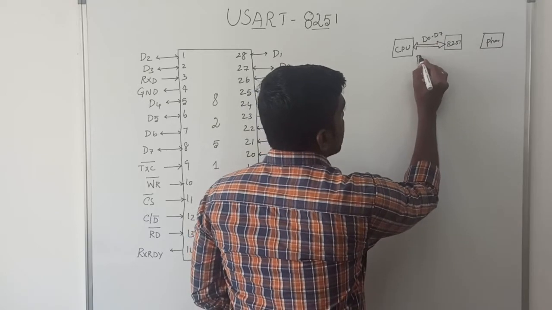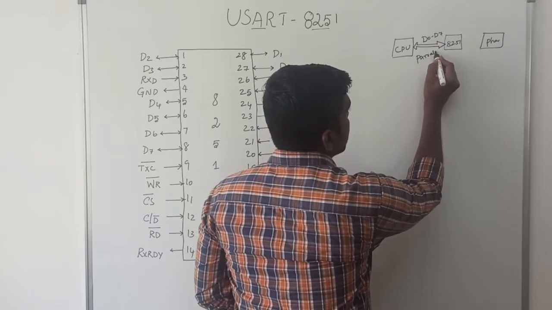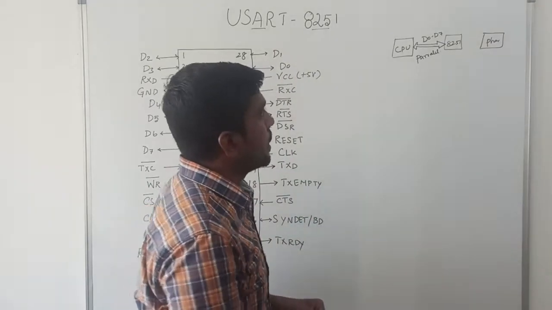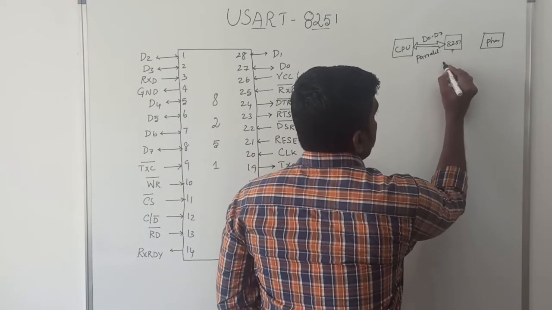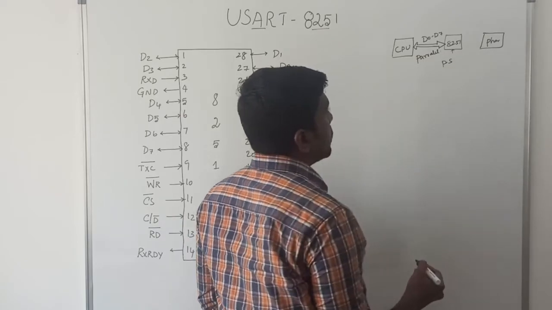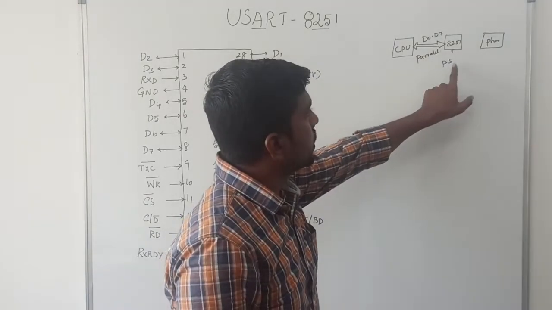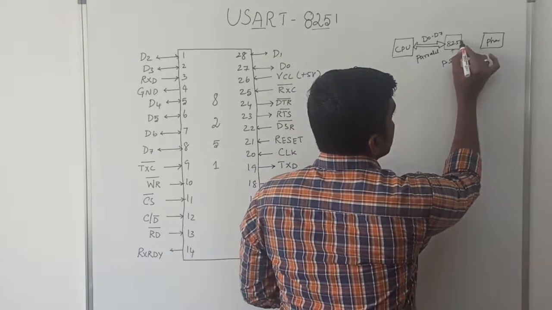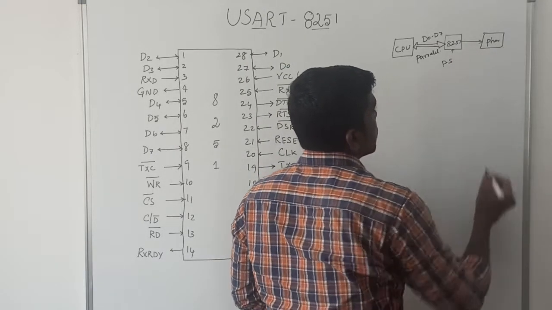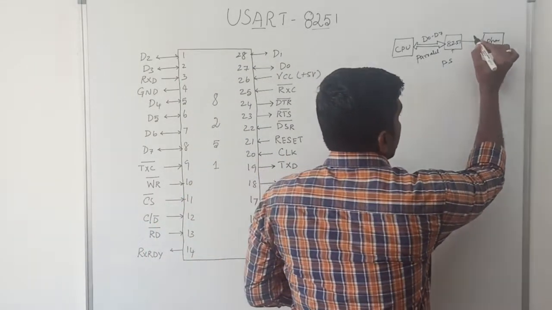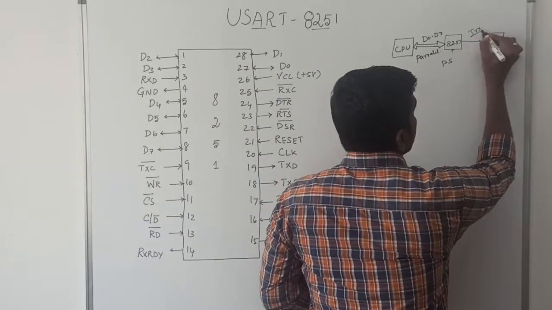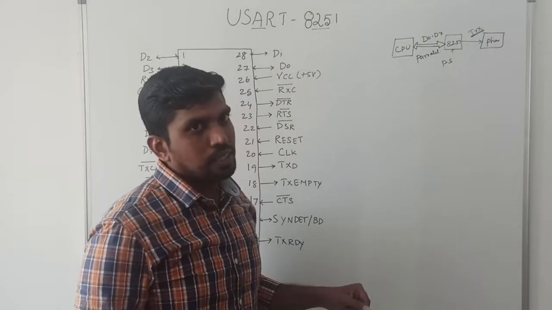This data is parallel data. In this 8251 there is a parallel to serial conversion. After converting parallel data to serial data, that data is transferred to the peripheral devices. This operation is called transmit.